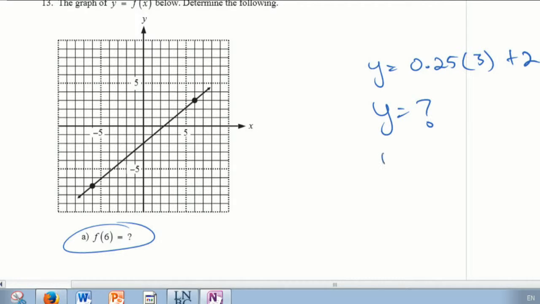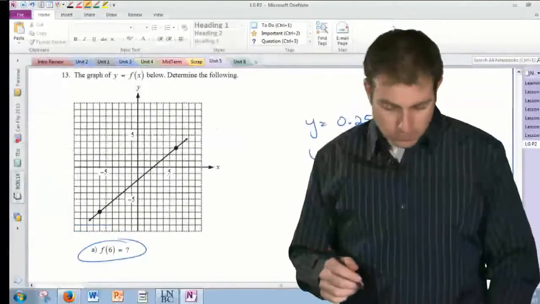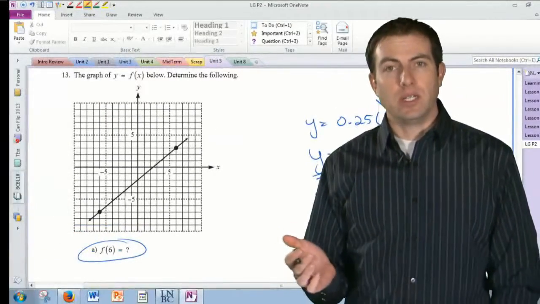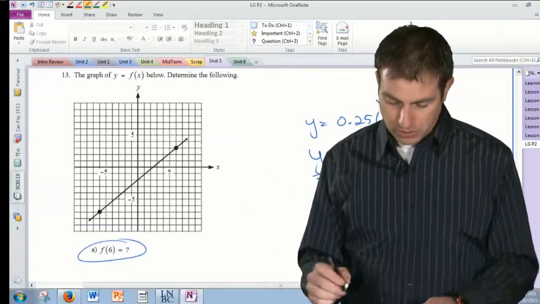Or if I'd written something like 23 is equal to 0.25 times x plus 2. What does x equal? Those are equations that you've solved before. Substituting a number in for a variable, solving for the other variable. This is stuff that you have done. It's just written with new notation. So there's nothing different about it other than just how it looks. That's the only additional thing we're doing.